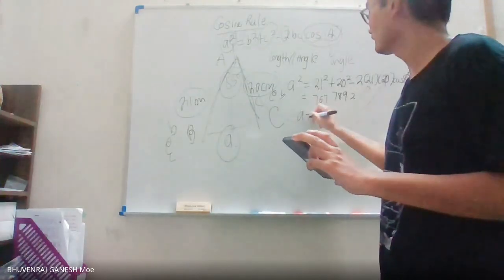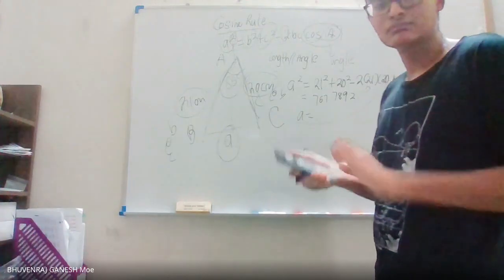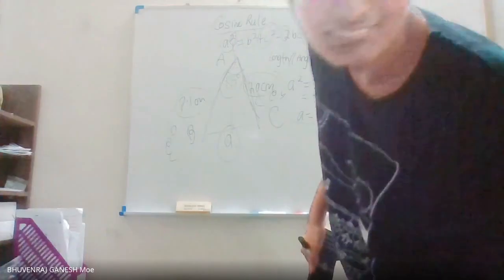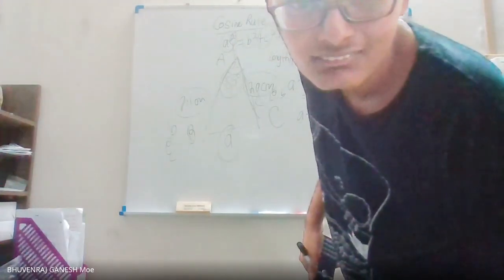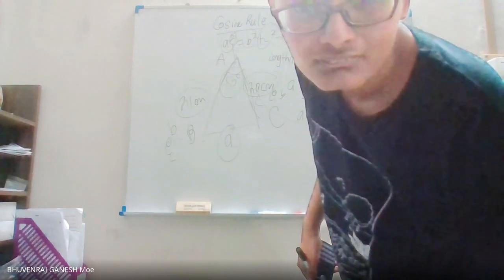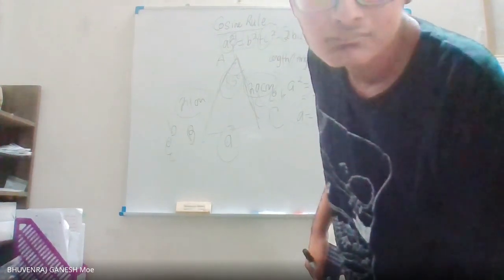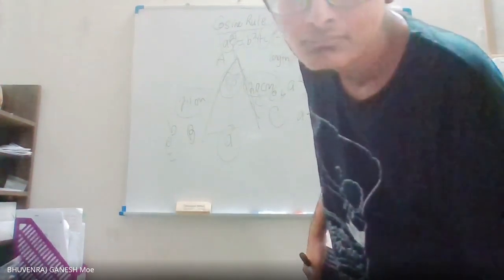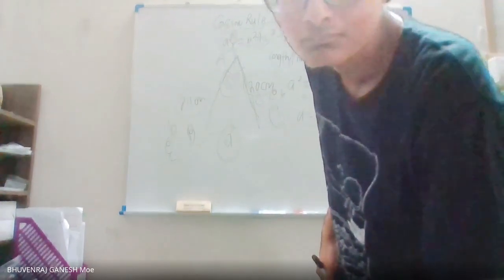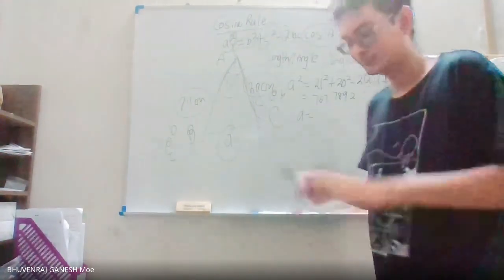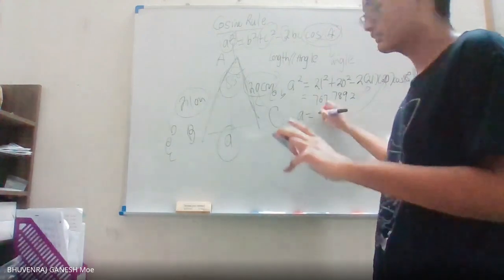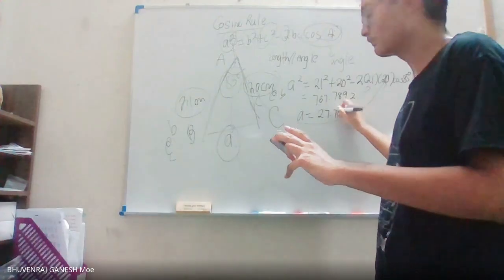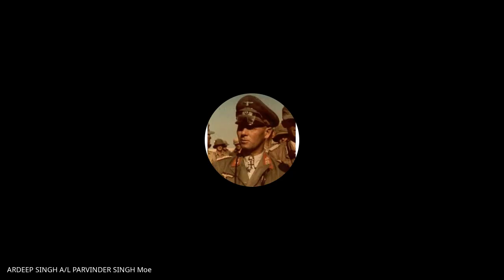So your A is the square root of the answer. So your A value is 27.709. That's your answer.